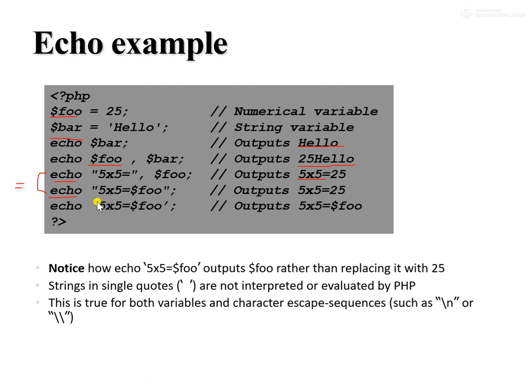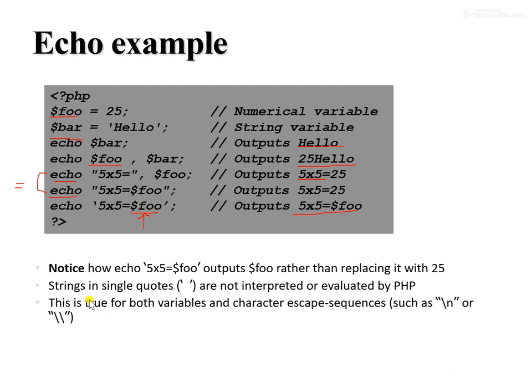When we put it in single quotation, then this thing will be interpreted as a string, not as a variable. Its value will not be substituted, but instead this will display on screen 5 into 5 equals to, and this thing will be interpreted as a string, so it will display as it is on the screen.